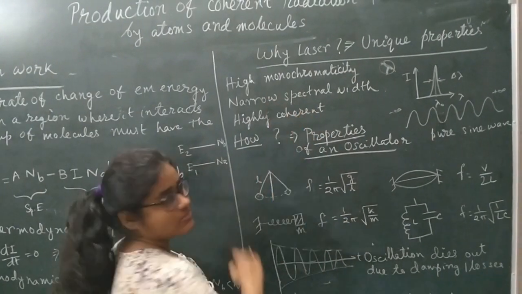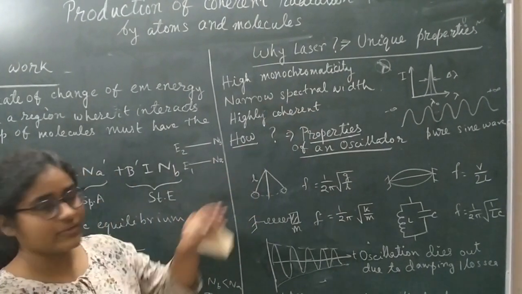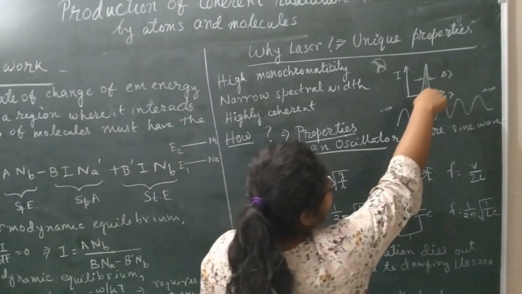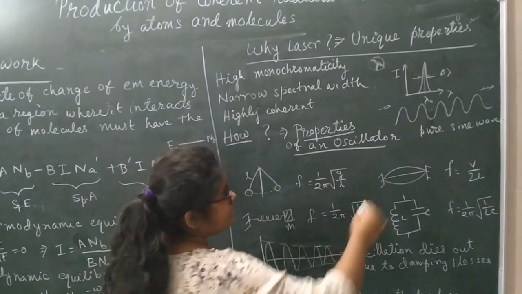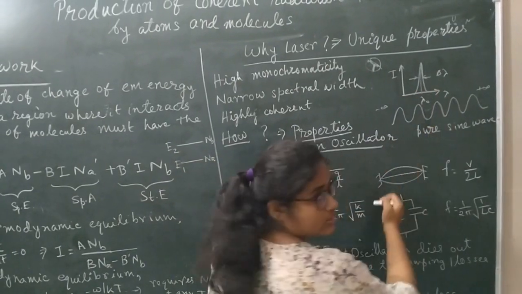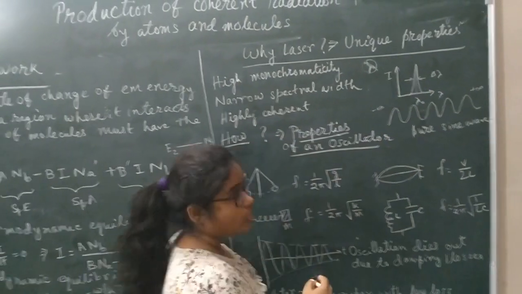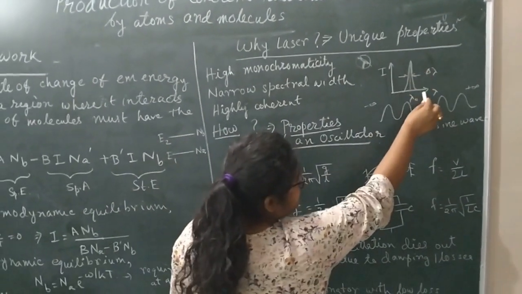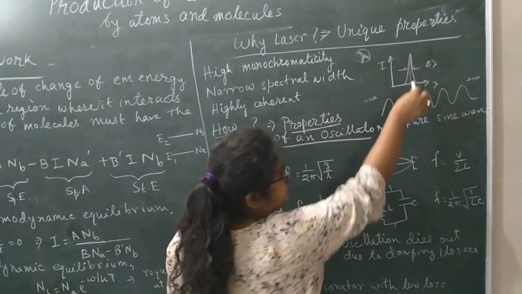Now the narrow spectral width. What do you mean by spectral width? Suppose you draw a spectrum of a light, record the intensity, and plot intensity versus wavelength, and you get some kind of distribution like this.